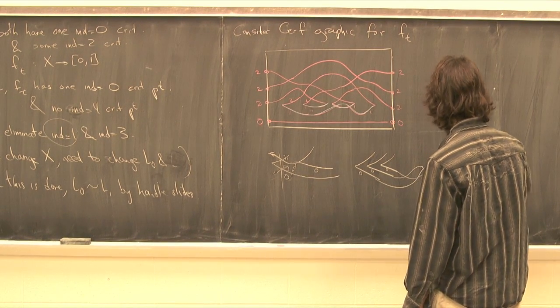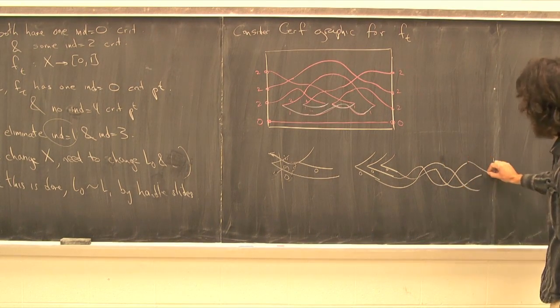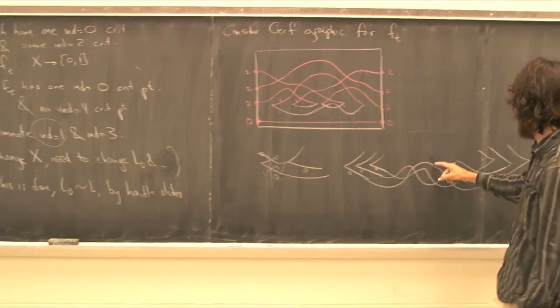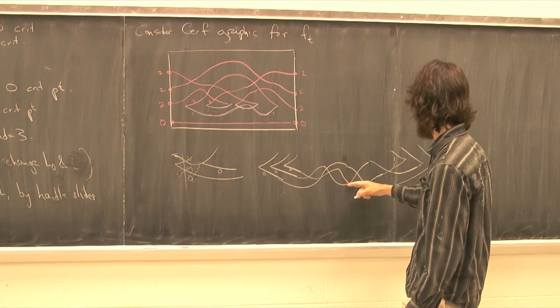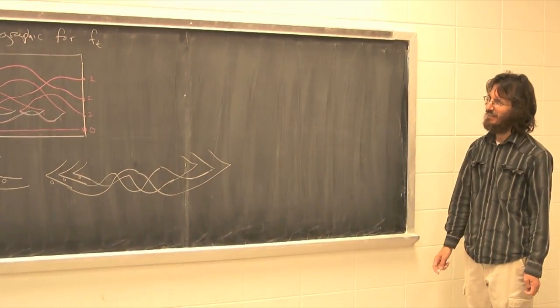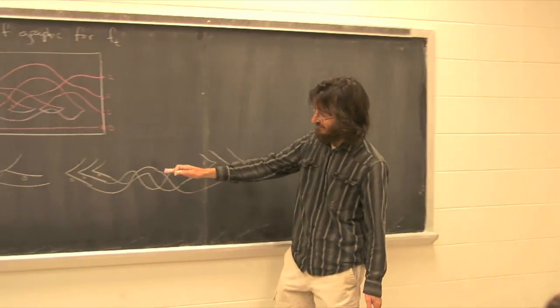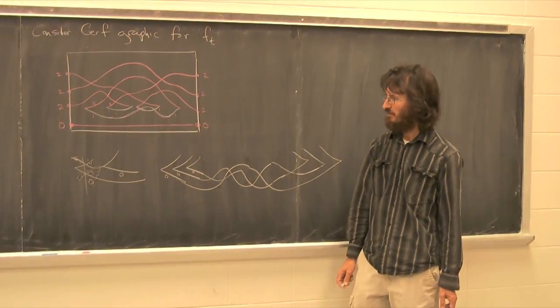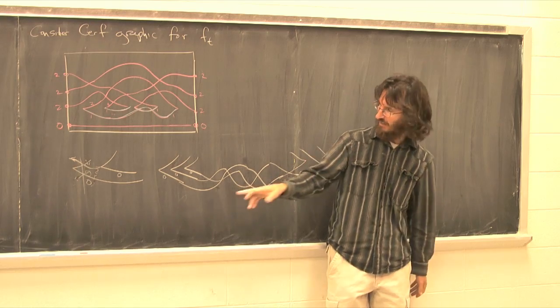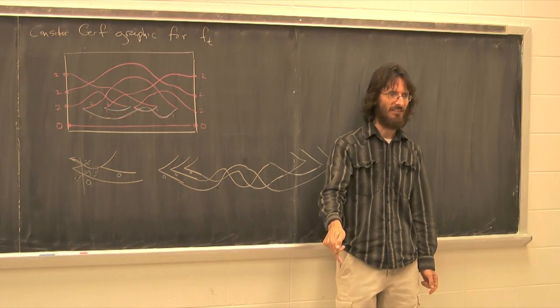And then you might say, well, how do I know that I can clean up that twisting? And how do I know that I can then straighten this twisting out? Well, what could be the obstruction to moving a critical point down?